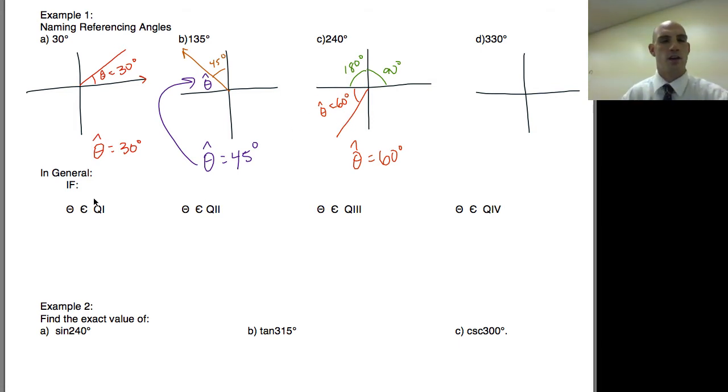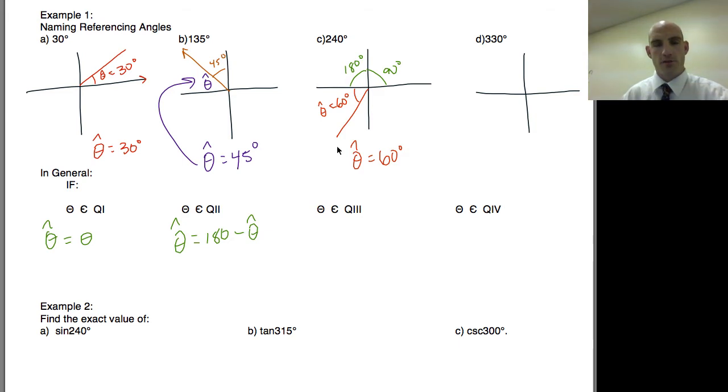So here's an in general. If theta is in quadrant 1, then theta hat is equal to theta, just like up here. It was in quadrant 1, so the theta hat is the same. What about if it's in quadrant 2? Well, if I look at 135, theta hat is equal to 180 minus theta. So 180 minus 135 would give me that 145.